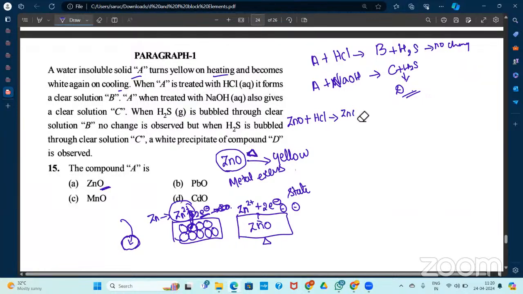So this is, if I'm assuming, B. Now, does ZnCl2 react with H2S?